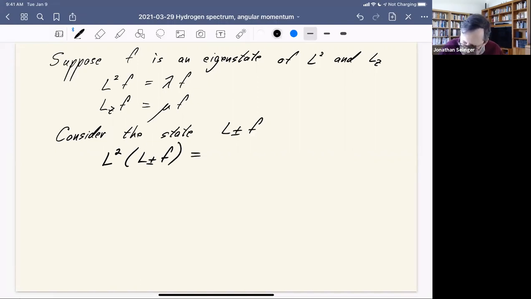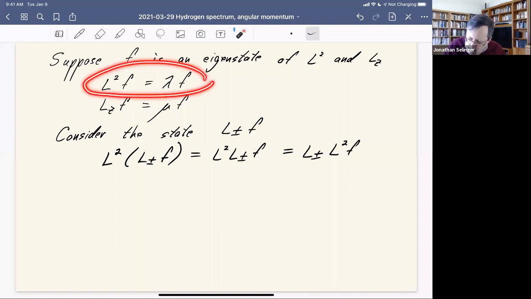Okay, so that's L squared, L plus or minus F. But we just proved that L squared and L plus or minus commute with each other. So this is L plus or minus acting on L squared F. And we know what L squared F is from the equation right up here.